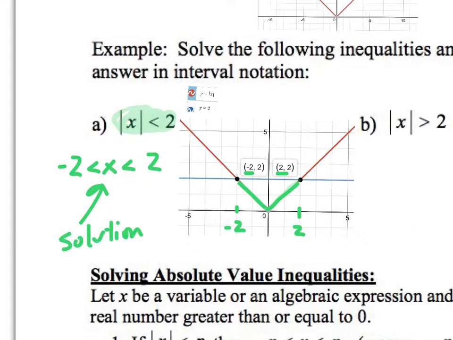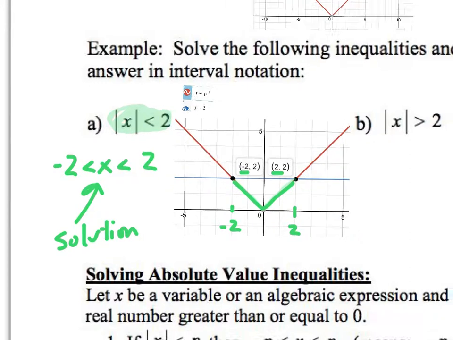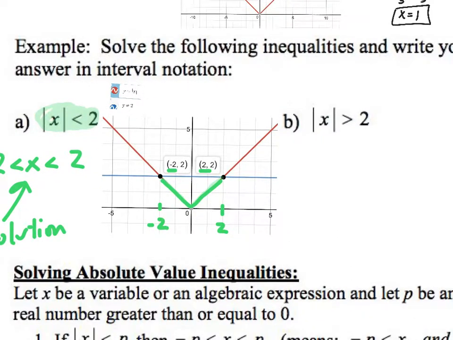Now, let's talk about the other one. Let's talk about when the absolute value of x is greater than 2. Now this happens when it's above the line, when it's above 2. And so if I wanted to take a look at those, I'd say, okay, where does that happen?